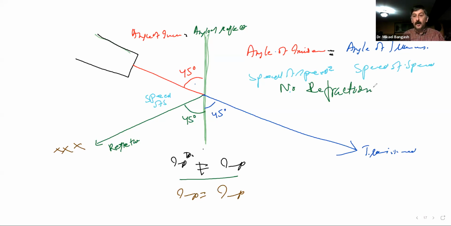And what caused that no refraction? Mainly because we had similar speeds on both sides. This medium here and this medium here had the same propagation speeds, although our angle of incidence was oblique.